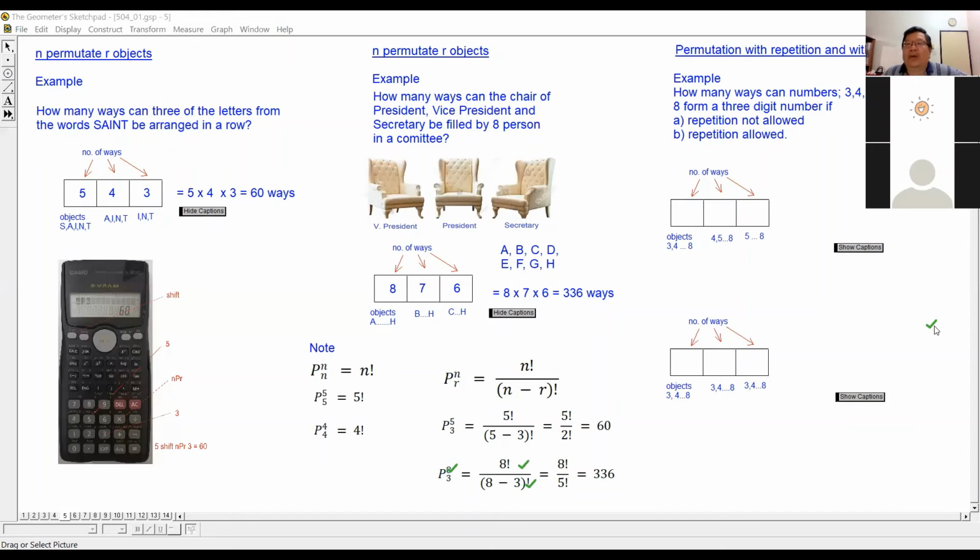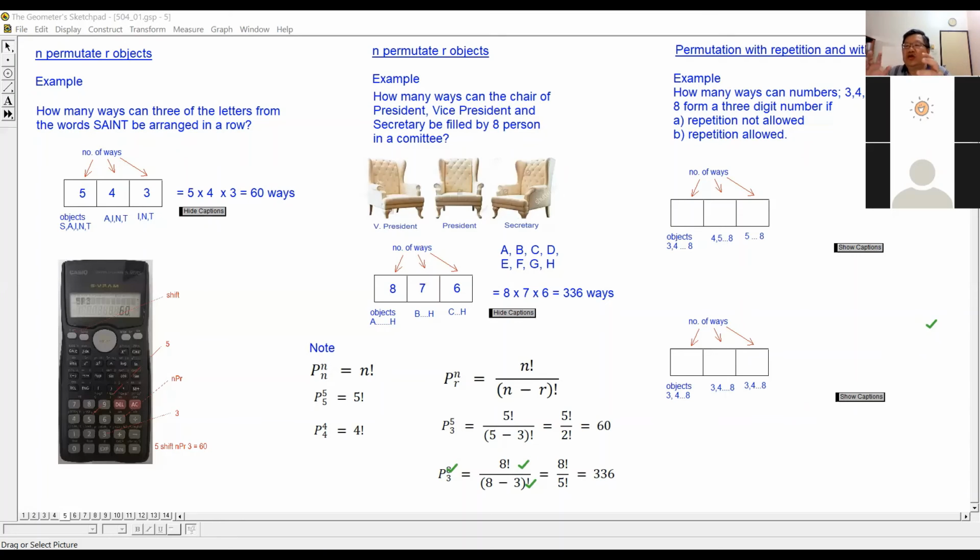No, teacher. No, then we are going to look at slightly different questions so that you can compare, right? If I always ask you the same type of problem, then your mind cannot switch. So we look at another problem. How many ways can the numbers 3, 4, 5, 7, and 8 form a 3-digit number?